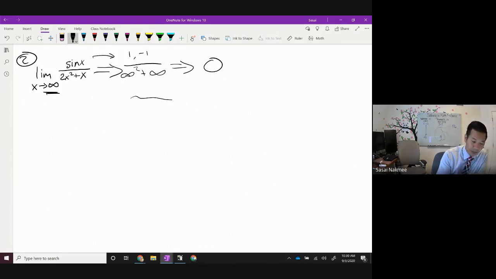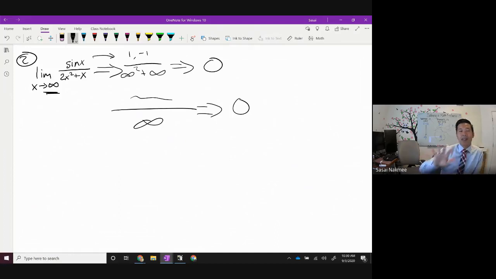As long as it's a number over infinity, that's telling you that this thing is going to approach 0, right? Think about it, even if it's 100 over infinity, the infinity part is going to beat it out every single time. It's going to be way larger than the other number, right? So if you have anything over infinity, it's approaching 0.